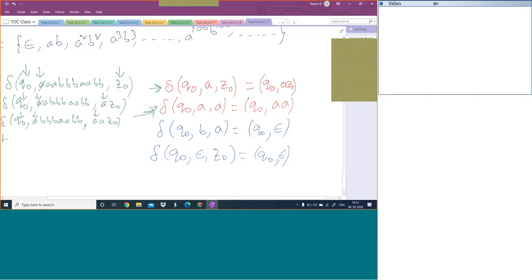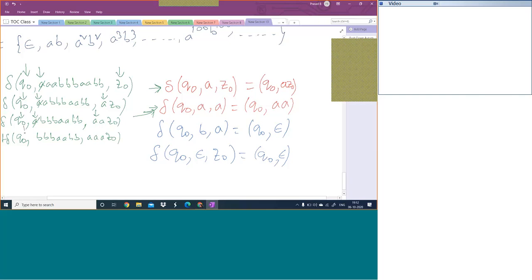The machine stays in the same state, the remaining input will be triple B, double A, double B, and this A will be pushed into the stack. Now we have scanned 3 A's, and those 3 A's have been pushed into the stack.